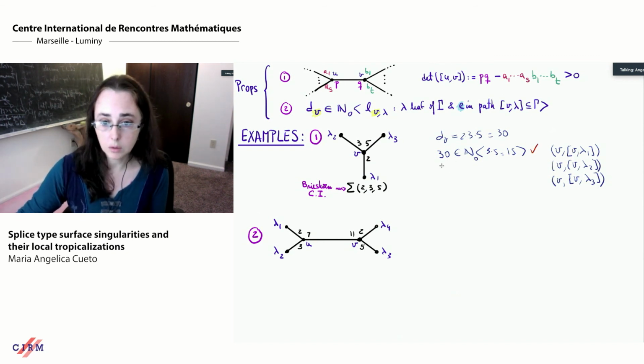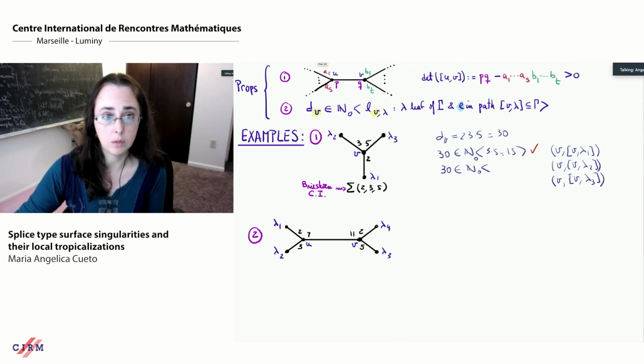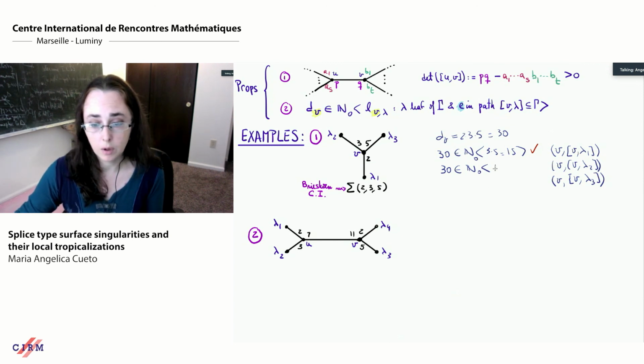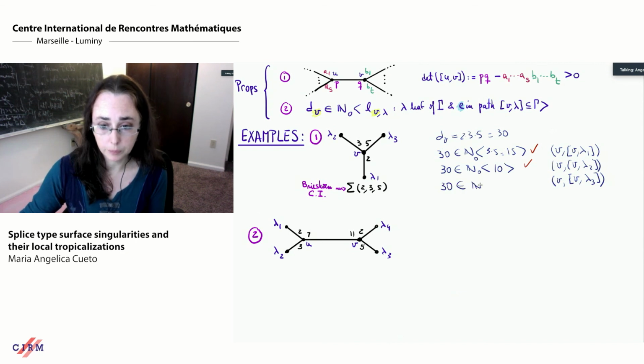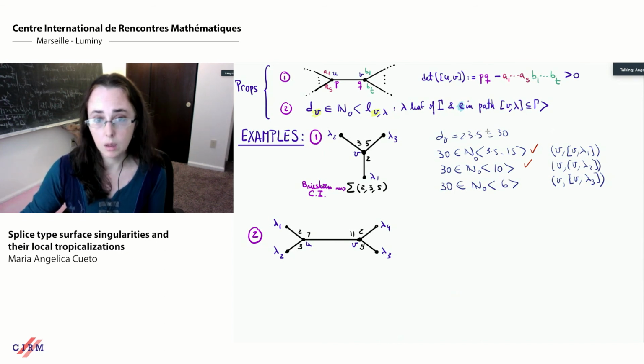Similarly, for the second situation, I have to check if 30 is in the semigroup spanned by just one linking number. In this case, I have to consider the linking number for all leaves in the direction of lambda 2, that just leaves one leaf. And in this case, I have 10 as my generator. Of course, this is also clearly true. And finally, for the third one, I have to check if 3 is in the semigroup generated by one linking number, the one between V and lambda 3, and the linking number in this case is 6.